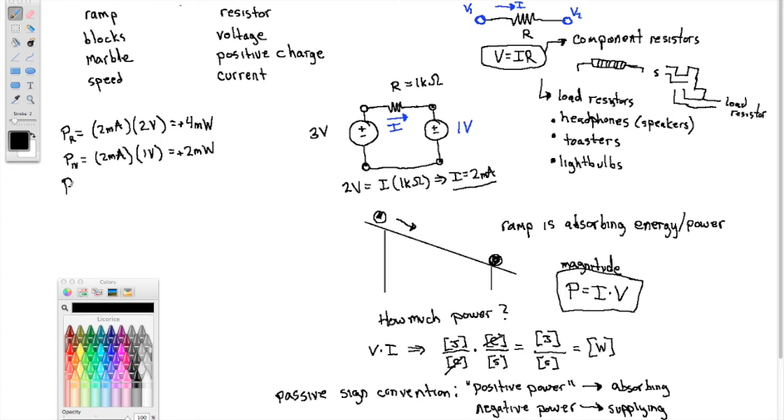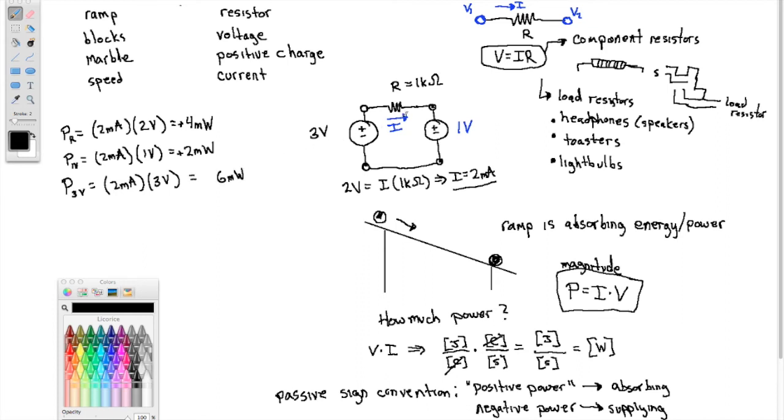Then the power in the 3 volt source. Well, that current has nowhere to go but through the 3 volt source, so that current is also 2 milliamps through this guy. And the voltage across it is 3 volts. So if I do that multiplication, I get 6 milliwatts.